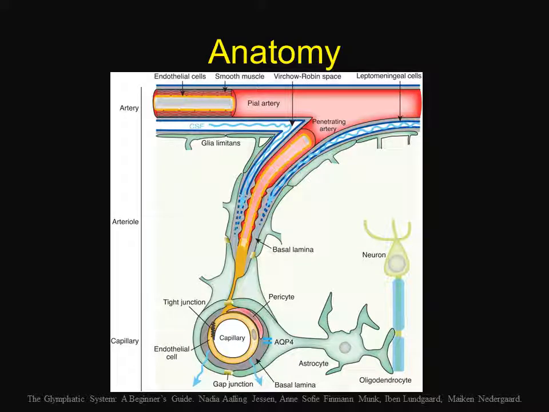From the subarachnoid space, CSF is driven into Virchow Robin spaces by a combination of arterial pulsatility, respiration, slow vasomotion, and CSF pressure gradients. CSF movement into the brain parenchyma drives convective interstitial fluid fluxes within the tissue towards the perivenous spaces surrounding the large deep veins.